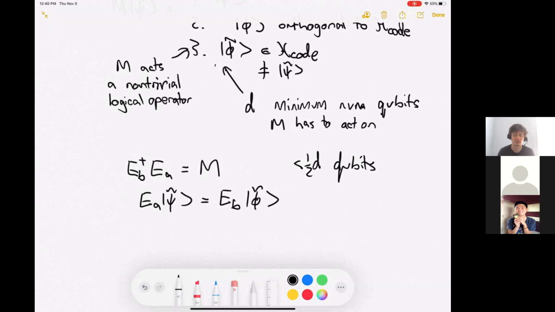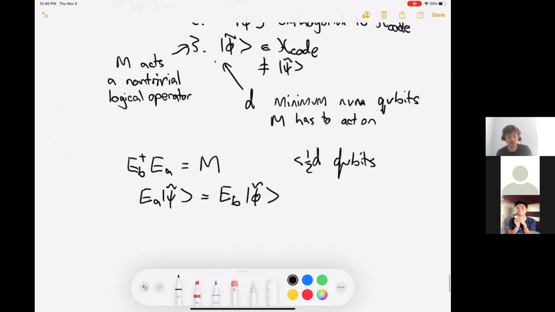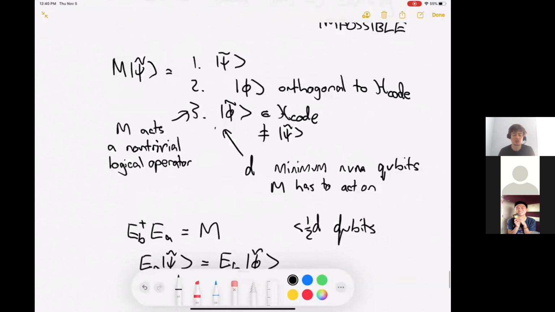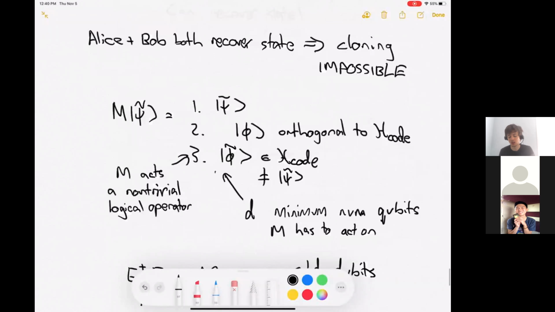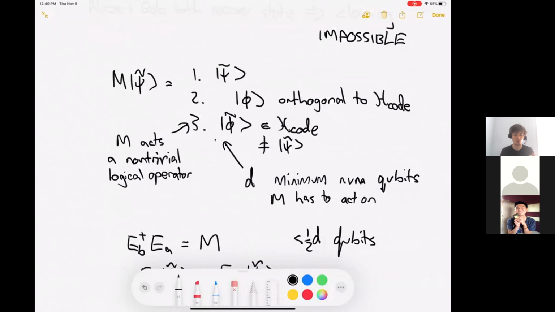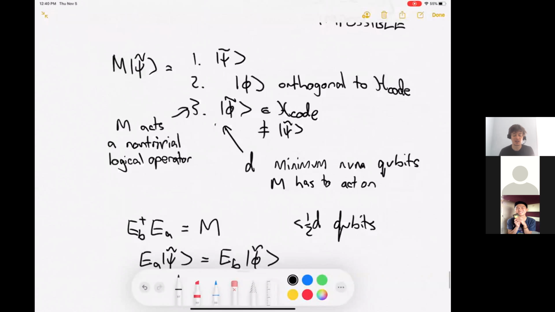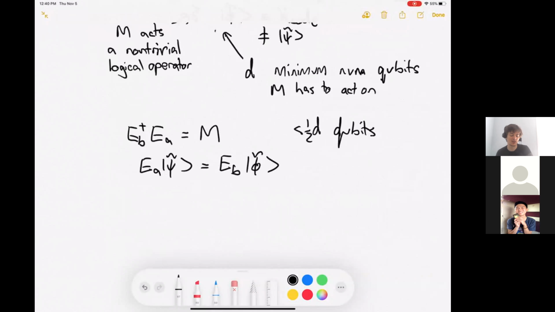So in Shor's code, why is D equal to 3? Yeah, it just is true, right? Shor's code can correct any errors on 1 qubit, which means that if I have some error E_A that acts on 1 qubit and some error E_B that acts on another qubit, then this is never true for 1 qubit E_A and E_B.